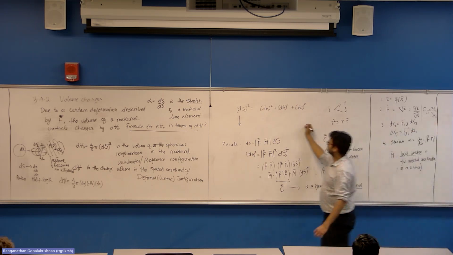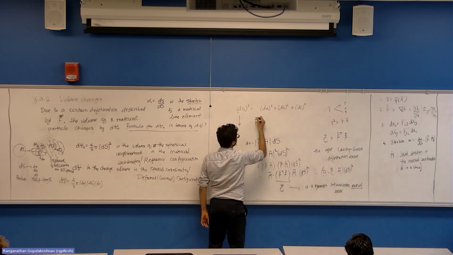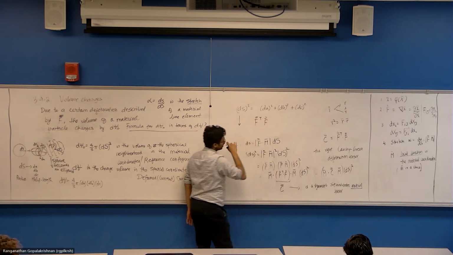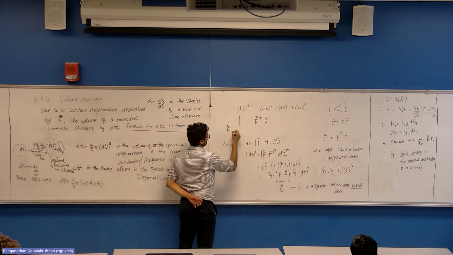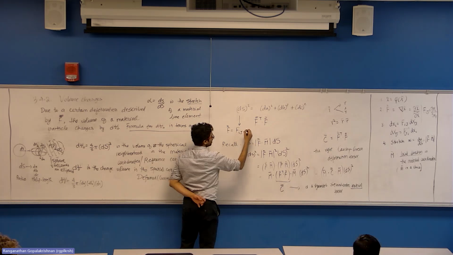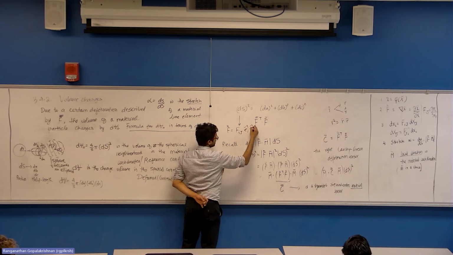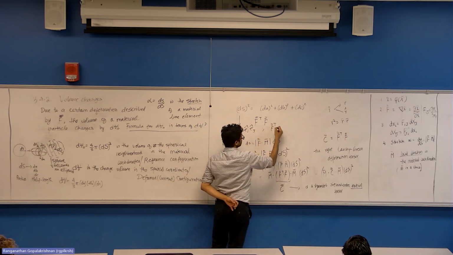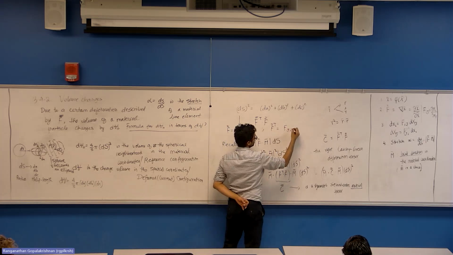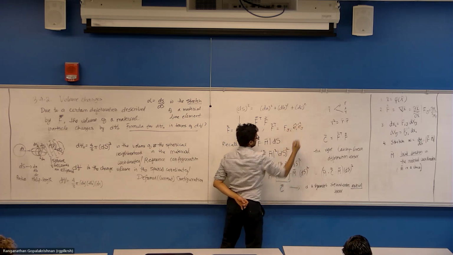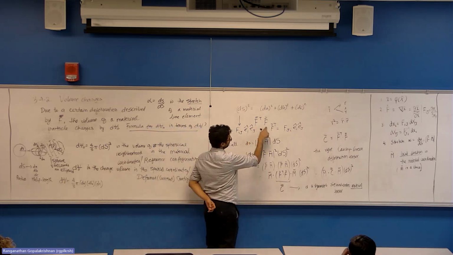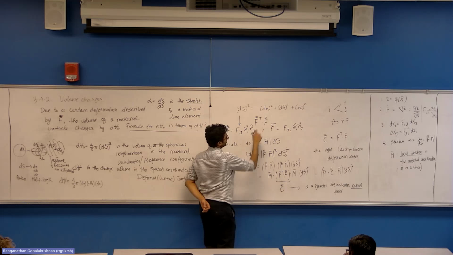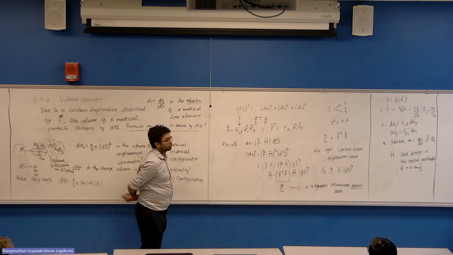Look at this quantity, F transpose dot F. If F is defined as F equals Fij Ei Ej, what is F transpose? Fji Ei Ej. Can you compute what should be the components of this quantity F transpose dot F?